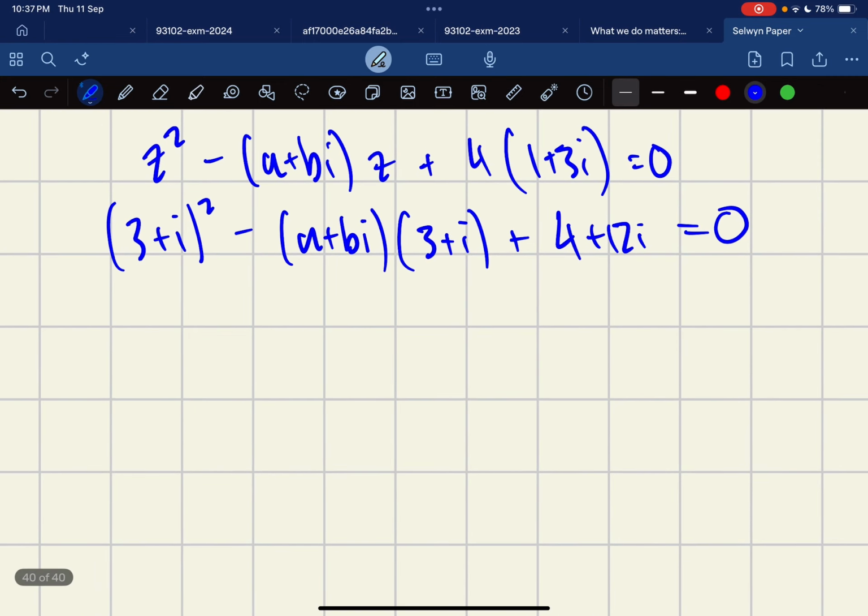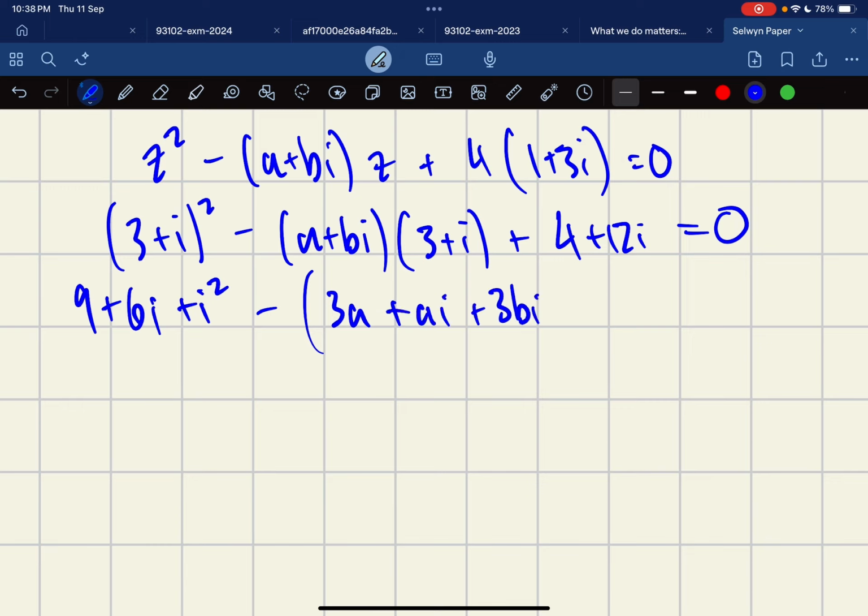And so then expanding all these brackets out, you get 9 plus 6i plus i squared minus 3a plus ai plus 3bi plus bi squared plus 4 plus 12i equals 0.